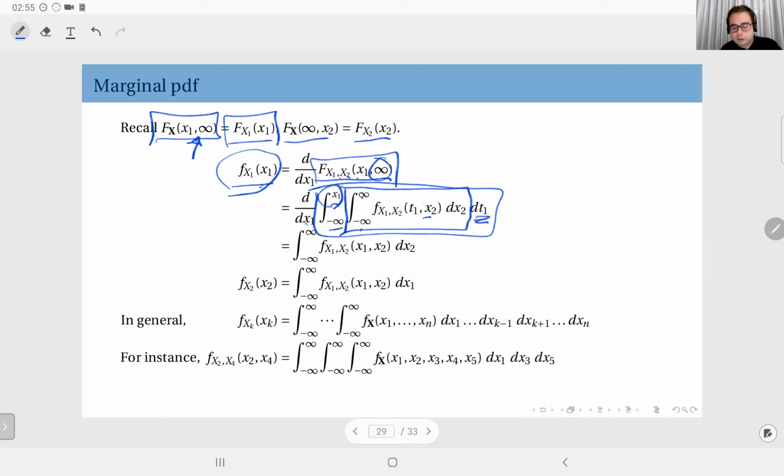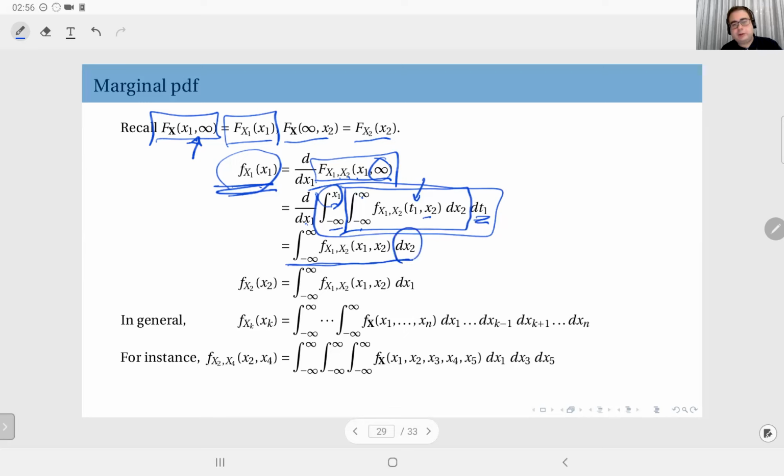So wherever you see t1, you insert x1, and that is the result of the differentiation. So this is what you get. To obtain the marginal PDF of x1, you integrate the joint PDF over the entire real line with respect to the other component, x2.